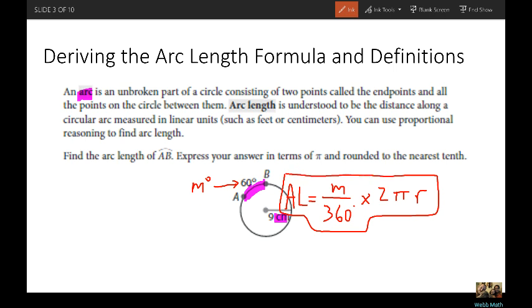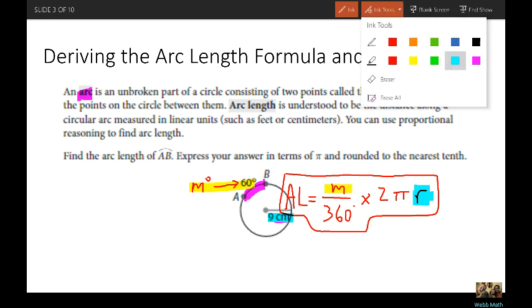There are 2 things you need to know. What is your M? In this case, it's 60. And then what is your radius, which they say is 9. So there's 2 things you have to find in order to apply this formula, and then just plug it in, substitute, and then start computing, and you'll get your answer.